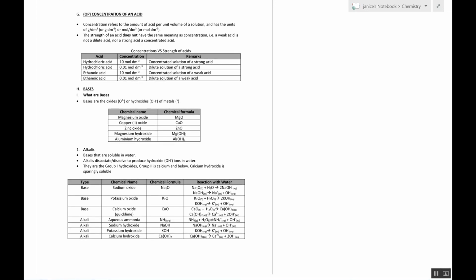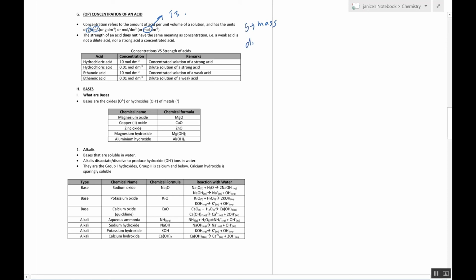Next one we have what we call the concentration of the acid. Concentration of acid refers to the amount of acid per unit volume. This has the units of either gram per dm cube or mole per dm cube. Regarding mole, you will learn it next time in term 3, so don't worry too much about it first. Let's look at gram per dm cube. Gram just means mass, right?